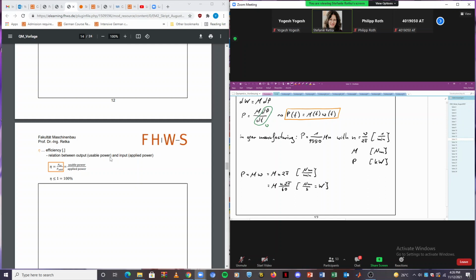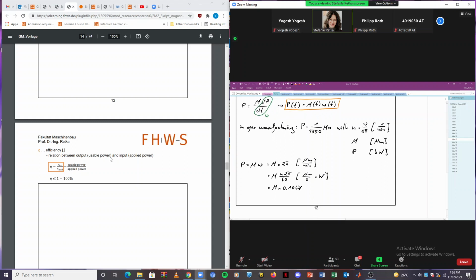Now 2 pi over 60 is equal to 0.1047. But now we want to obtain the dimension kilowatts.